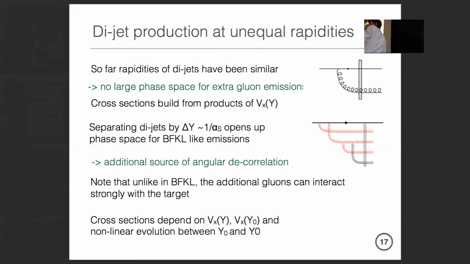First of all, if you want to look at angular decorrelation, then this BFKL-like dynamics gives you an additional source of angular decorrelation. But it's also very interesting from the point of view of nonlinear evolution itself, because unlike in BFKL, these gluons that are emitted in between also strongly interact with the target color fields.